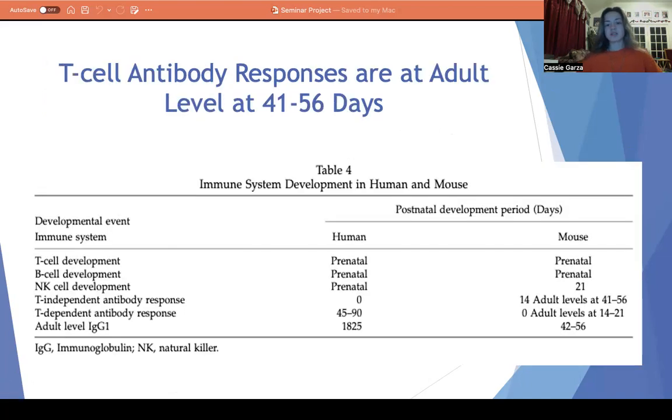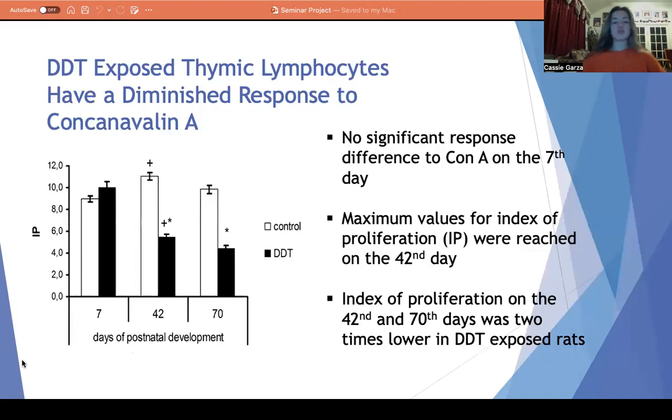So according to this research, mice, rodents, should have the complete proper antibody response levels by the 42nd day. So if we look at the control, this value here would represent the normal immune response value that is attained by the complete T cells that have full lectin development.